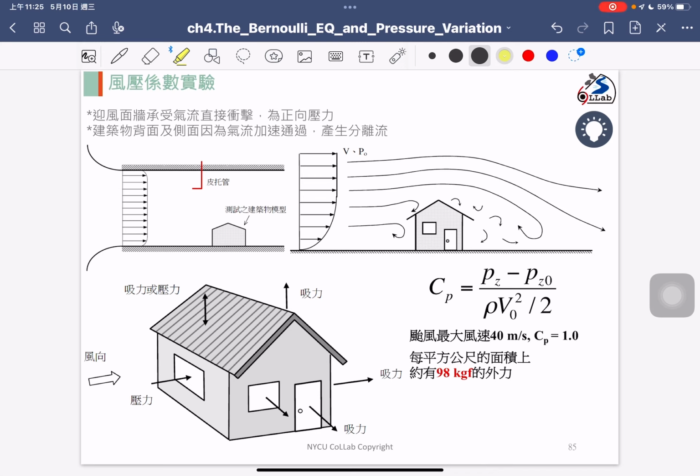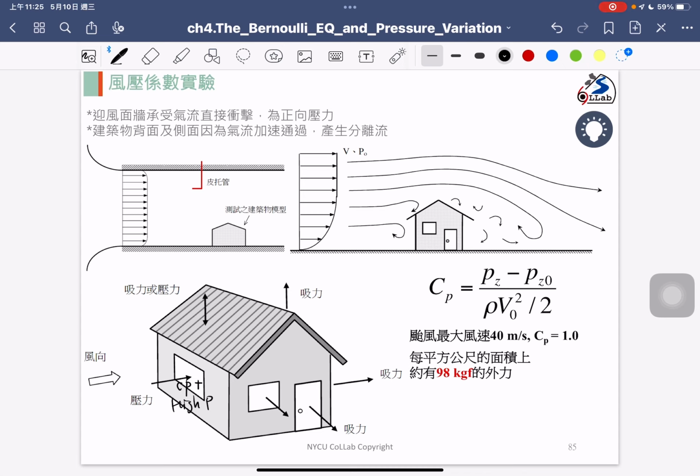We call this a wind coefficient test. Okay, as you can see, when we build up the house, this is a structure for our house, and because the CP value in here is positive, you will observe the high pressure in there.